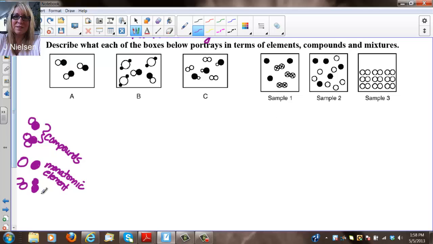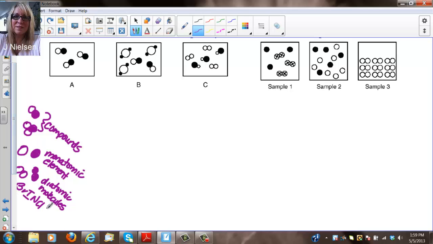So we have diatomic elements, or diatomic molecules, because in nature they are found bonded to one another. And underneath here, I'm just going to put BrINClHOF, Brinkelhoff. Those are the 7 diatomic molecules.